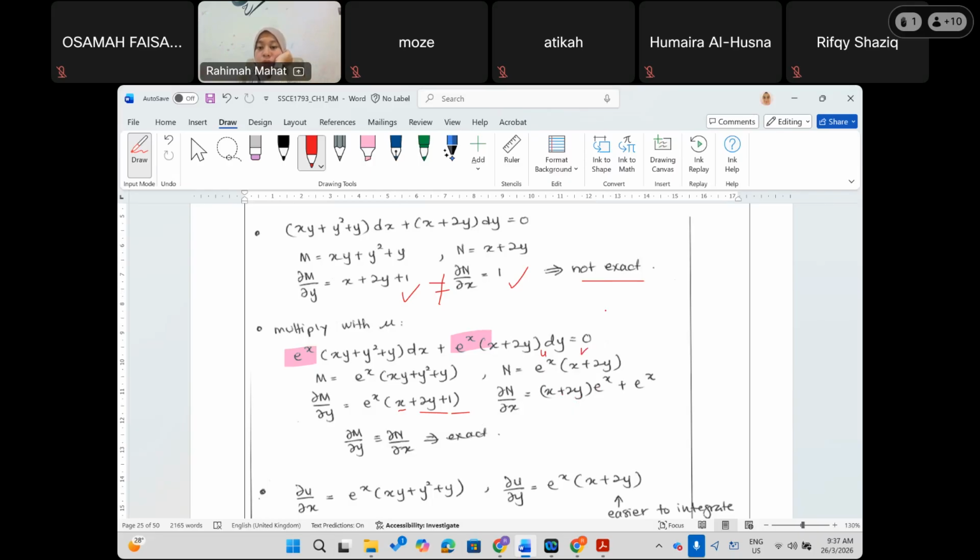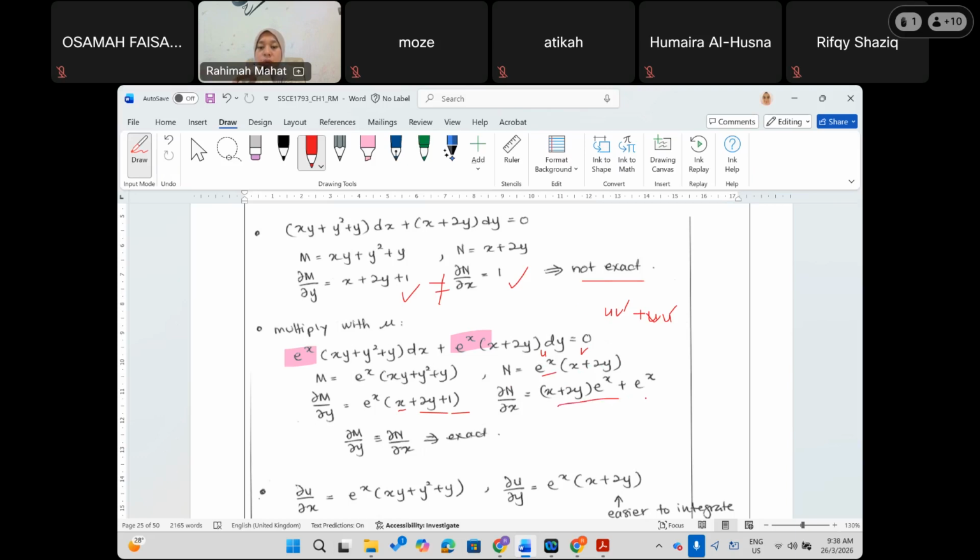For the product rule, you will get u v prime plus v u prime. You need to recall this. So you can get this one. Okay. You differentiate e to the x, you will still get e to the x.